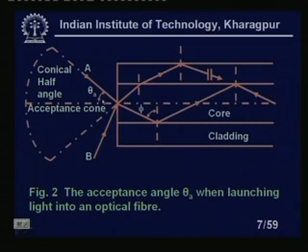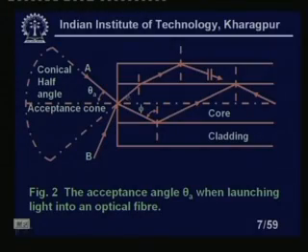So, we must find what is the maximum angle value of theta A, so that when light enters the core, there is a total internal reflection, right. So, we must find that. Light, you see, travels like this, and some light travels like this, having total internal reflection. This light, you see, is more than the acceptance angle.